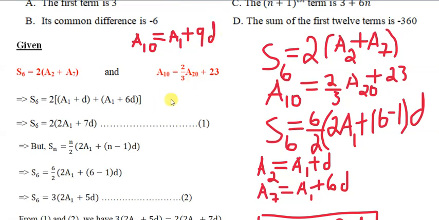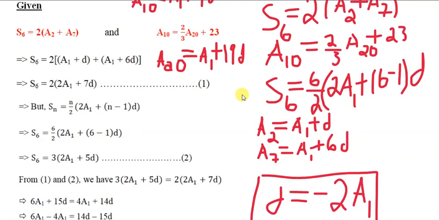Similarly, a20 can be written in terms of a1 and d as such. a20 is equal to the first term a1 plus 19, n minus 1, times d, so 19d.